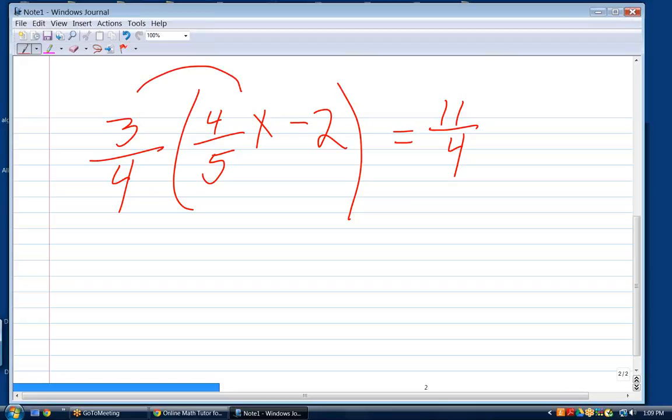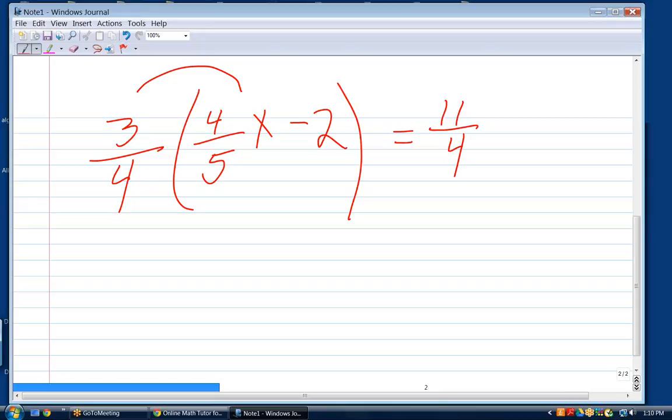Well, they're being multiplied together. In other words, when you don't see anything in between a number and a variable, that always means they're being multiplied. Okay? So I have to multiply the 3/4 times, all you really have to do is multiply the number times the number. So what's 3/4 times 4/5?